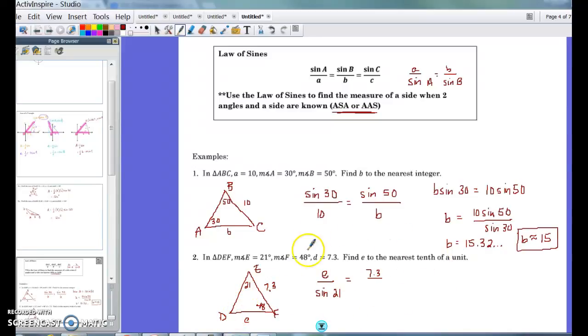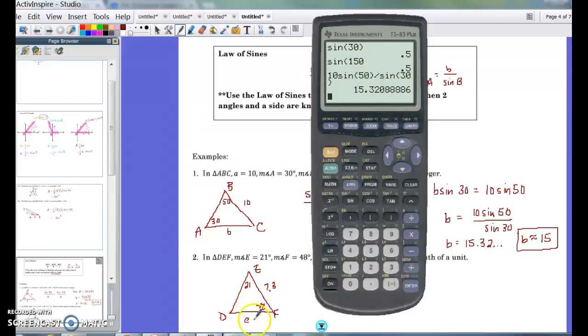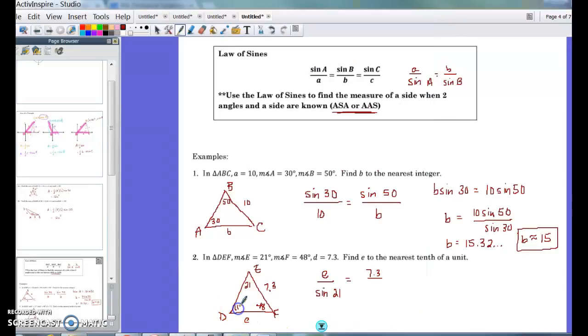However, I can still use the law of sines because I can find that angle. The angles of a triangle add up to 180. So if I just did 180 minus the sum of the other two angles, 21 plus 48, that's going to give me 111. So this angle is going to be 111. And now I can use that to go ahead and solve the problem.